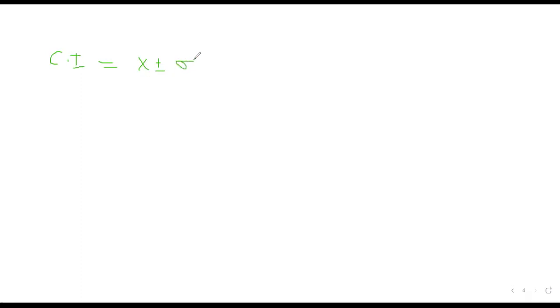If you have a mean of, for instance, 10, and the standard deviation is 2, your interval will be between 10 minus 2 and 10 plus 2. So what is your range? 8 to 12. That is the range we're talking about.